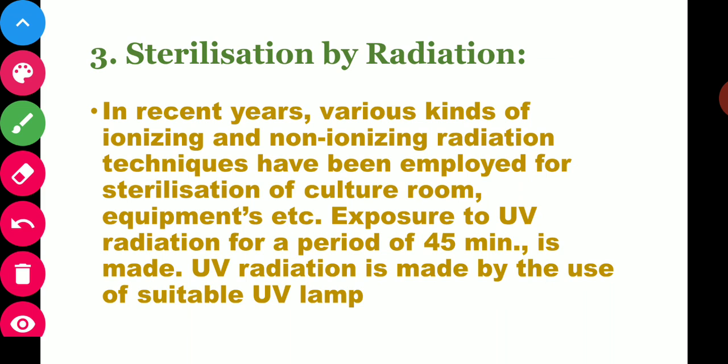Then after some time the environment inside the laminar flow clean air bench becomes sterilized, and therefore we can do the explant inoculation at the laminar flow clean air bench. So the UV tube light is converting the oxygen available there into ozone, and in ozone no microorganism can remain alive.